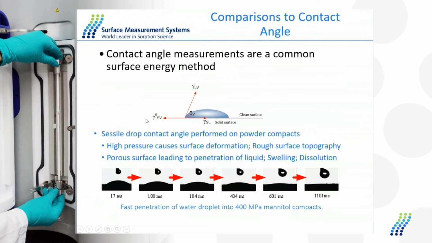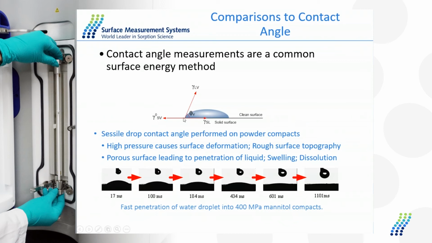I did mention contact angle previously, and that is probably a bit more mainstream and well-known way to measure surface energy. If you have a flat, homogeneous, non-porous surface, contact angle is quite reliable and works quite well. However, if you have a powder or a granule or a fiber or a porous surface or a rough surface, it can be very difficult to get well-defined and reproducible contact angles.